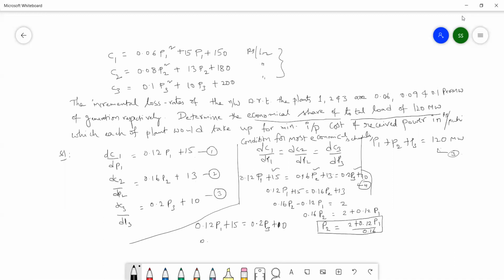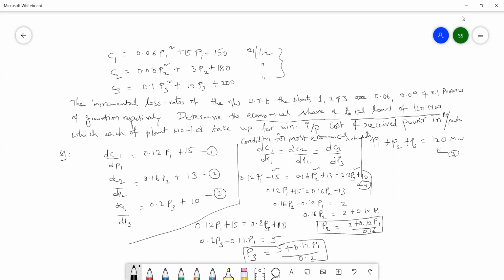So 0.2 P3 minus 0.12 P1 equals 15 minus 10, that is 5. So P3 equals (5 plus 0.12 P1) by 0.2, right?